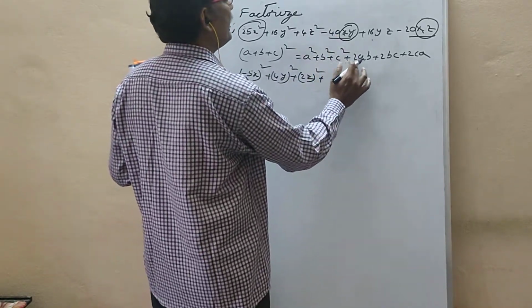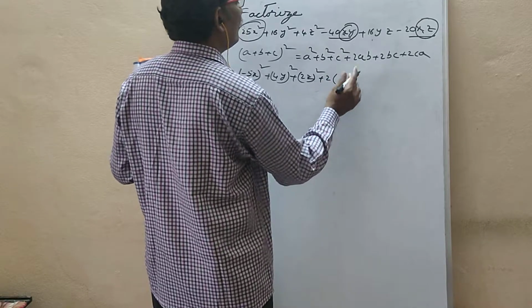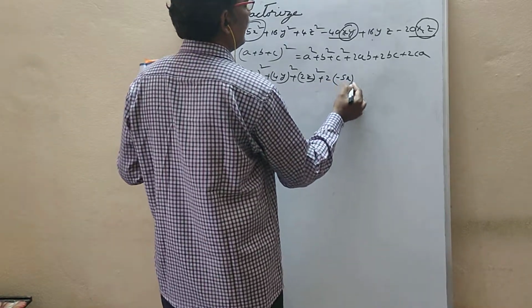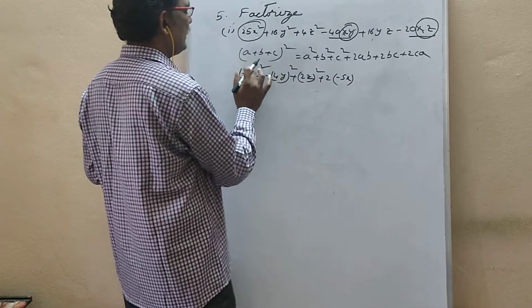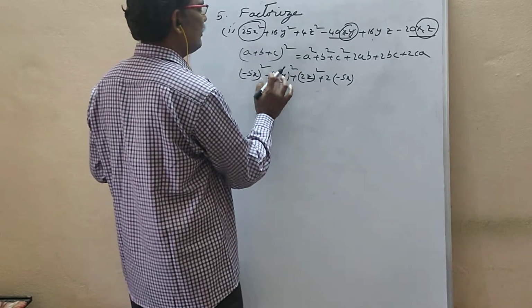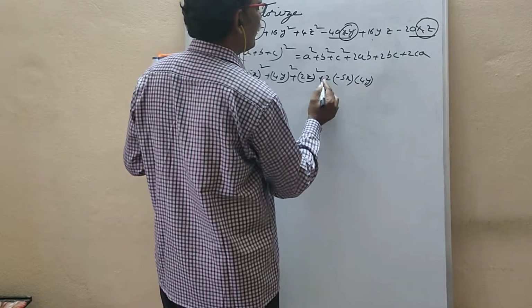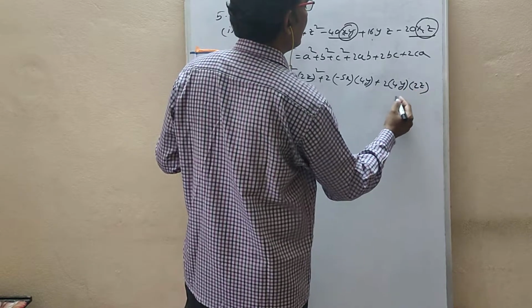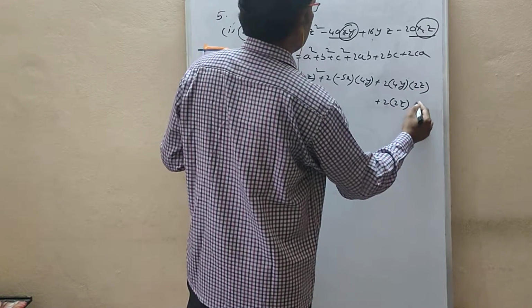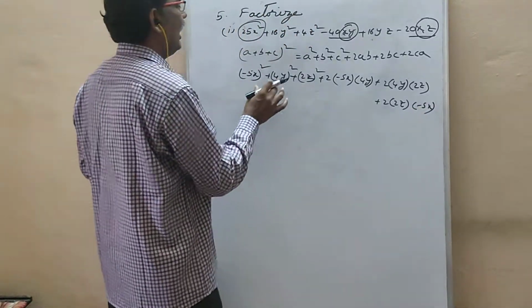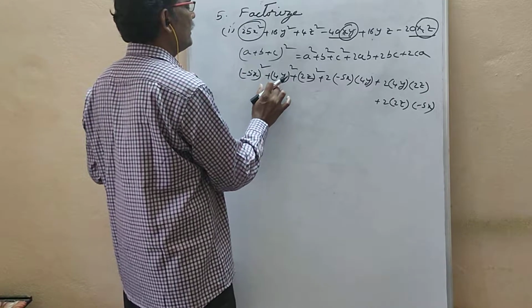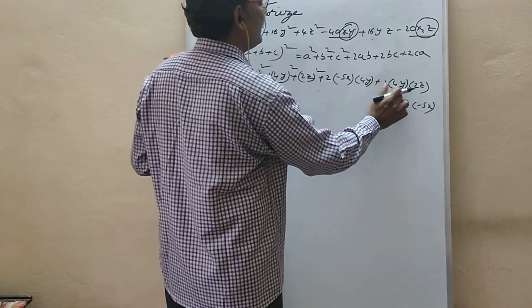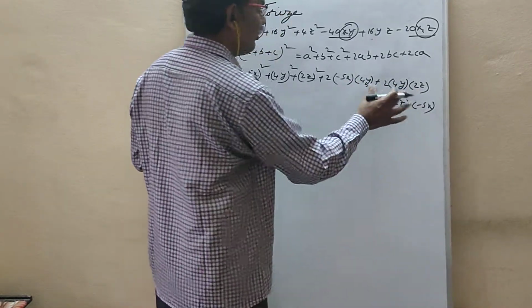Again what you have here is 2ab. 2 into a: a means minus 5x, b means 4y. So 2ab. 2bc, c is 2z. 2ca. So I wrote this in the form of a square plus b square plus c square plus 2ab plus 2bc plus 2ca. I wrote like this.